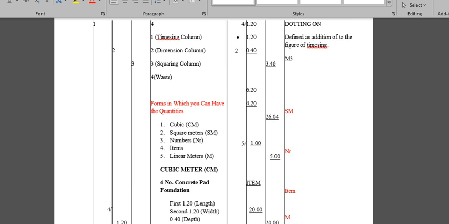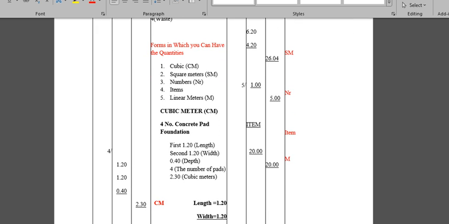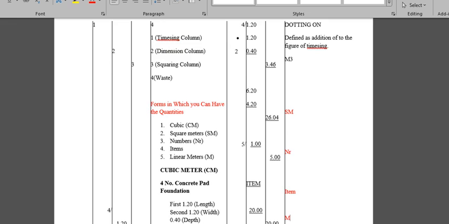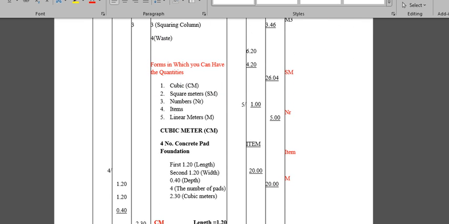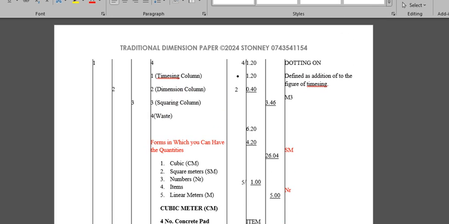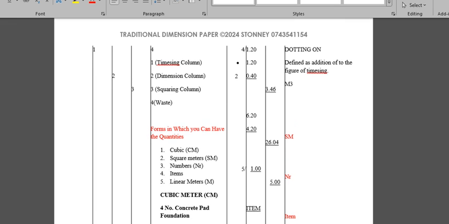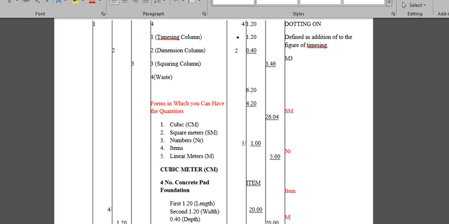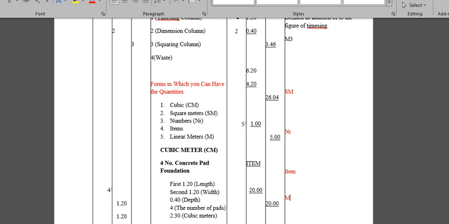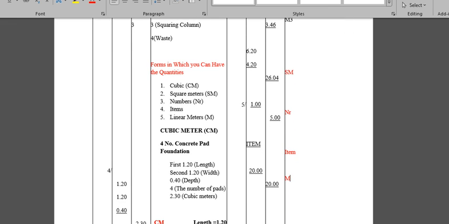Well, just to summarize so that we finish up our session today, we've looked into various forms in which you can use the traditional dimension paper, in terms of the columns. We've seen how the dimension can be utilized to achieve these 5 bits that are listed there: cubic meters, square meters, numbers, items, and linear meters.